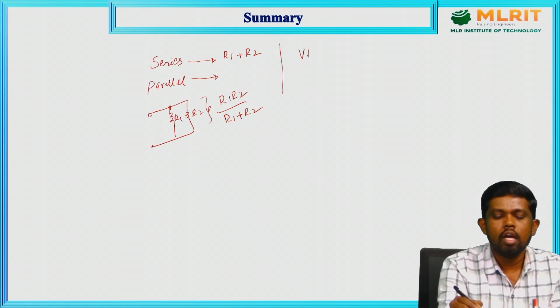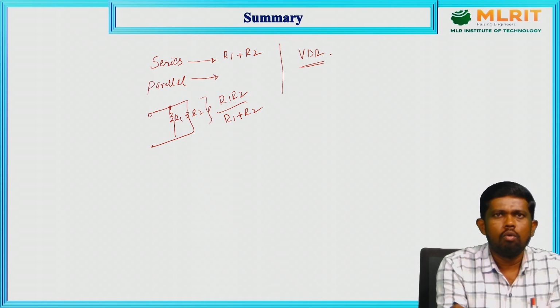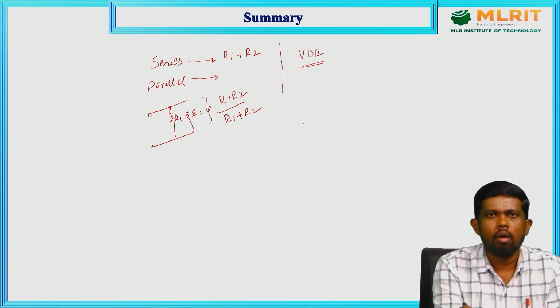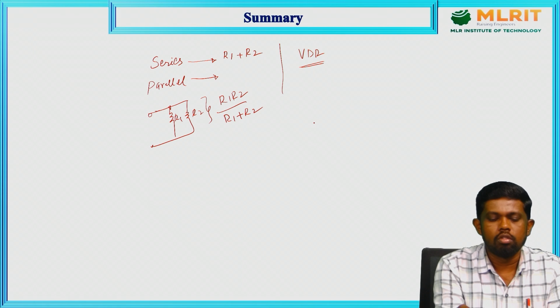The VDR, the voltage division rule, is applicable for series circuits to determine the voltage across individual elements without applying other circuit principles like Kirchhoff's laws or Ohm's law.